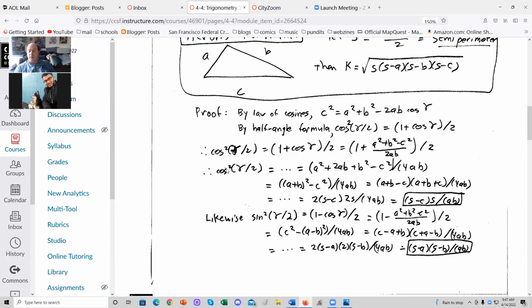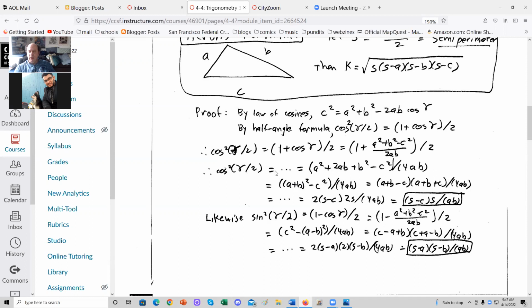So cos squared gamma over 2 is, after a little bit of algebra, A squared plus 2AB plus B squared minus C squared, all divided by 4AB. And then this, A squared plus 2AB plus B squared, is A plus B quantity squared. That minus C squared over 4AB is still cos squared gamma over 2. We have a difference of squares, which equals a difference times a sum.